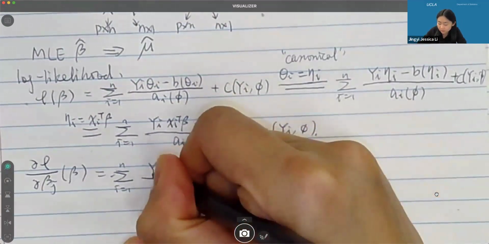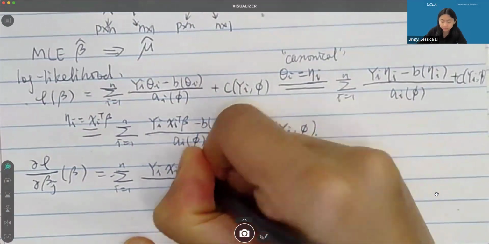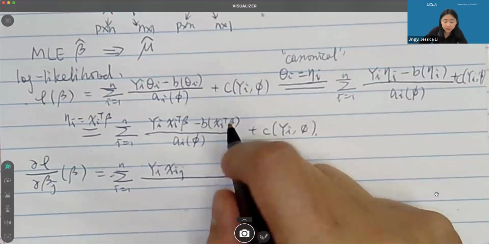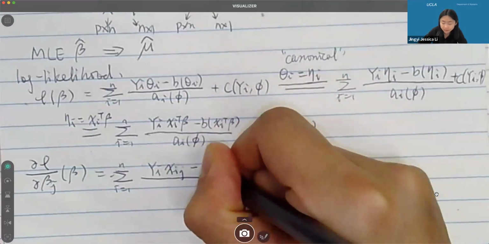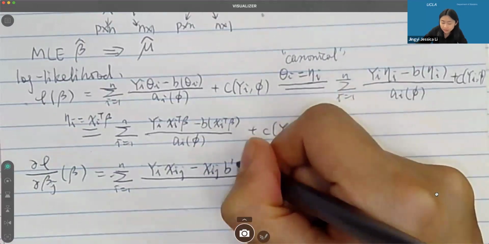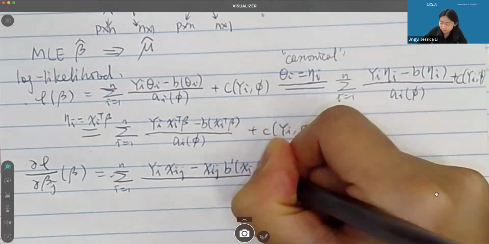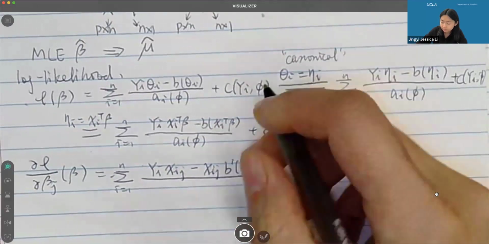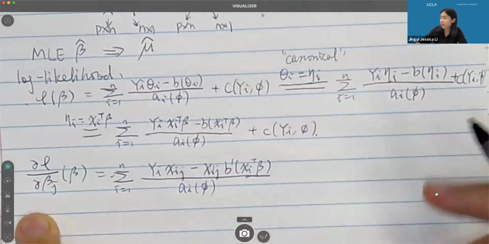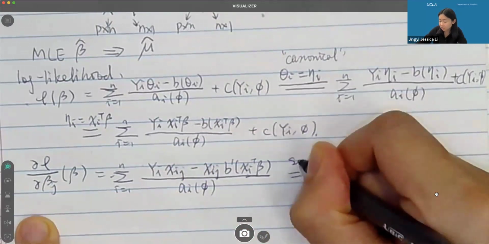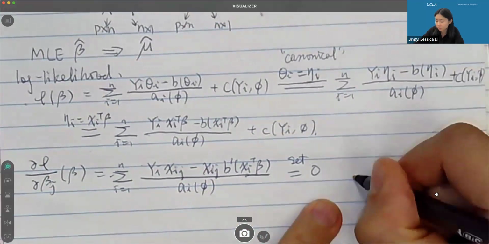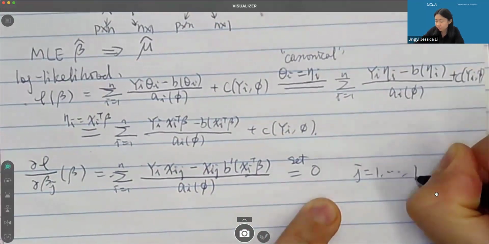So it's yi xij. By the chain rule, I would have minus xij times b prime at xi transpose beta, over a i phi. This term is gone, and I will set this to 0, for all j from 1 to p.